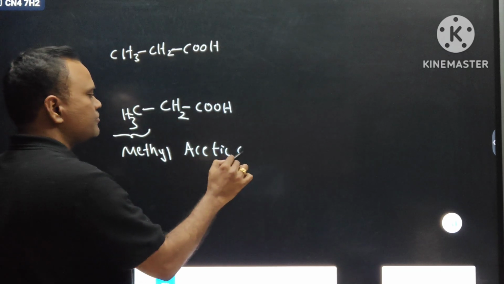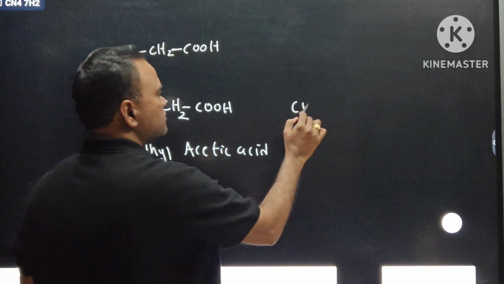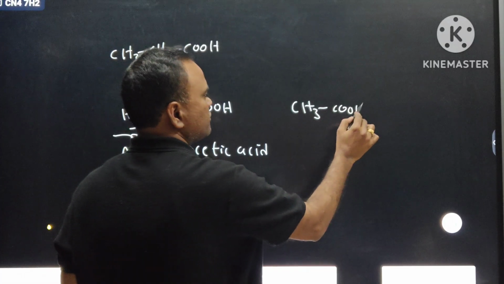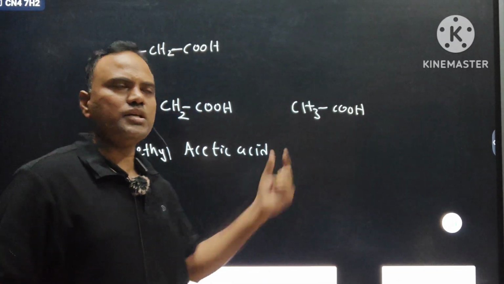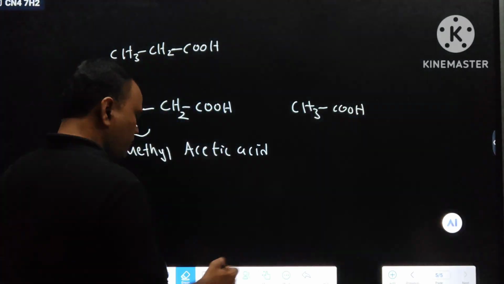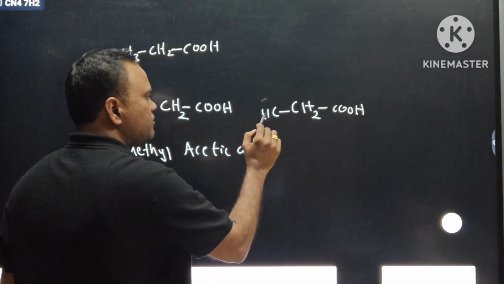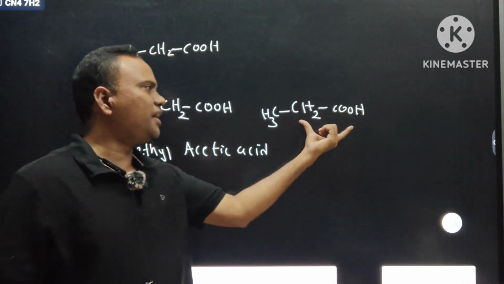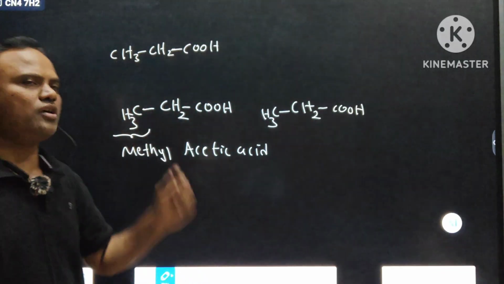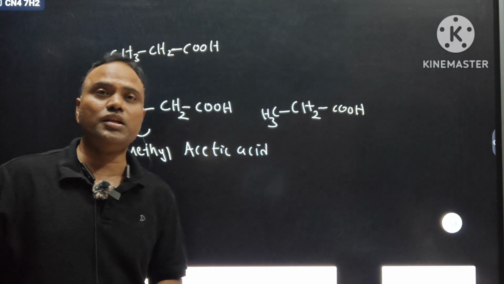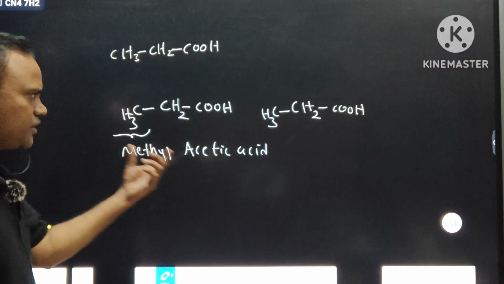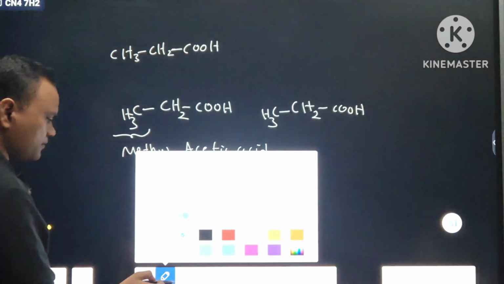Are you getting it? First I took acetic acid. CH3COOH is acetic acid. From acetic acid, I am removing one hydrogen and placing CH3. So methyl acetic acid. Propanoic acid's common name is methyl acetic acid. For that I explained.